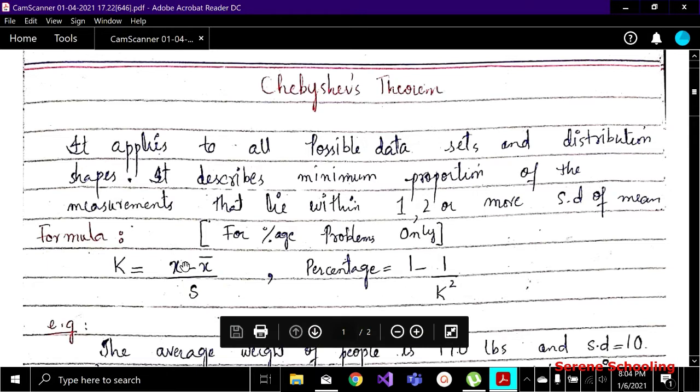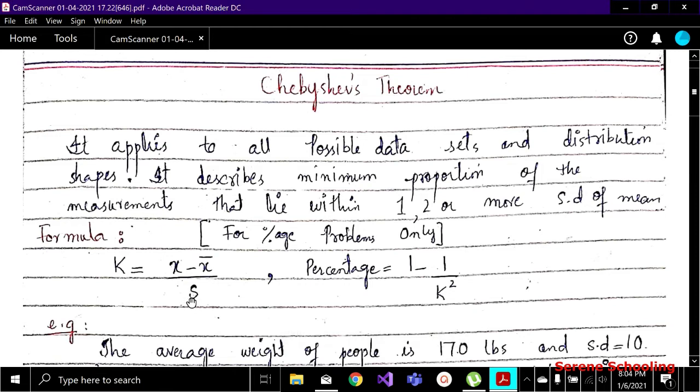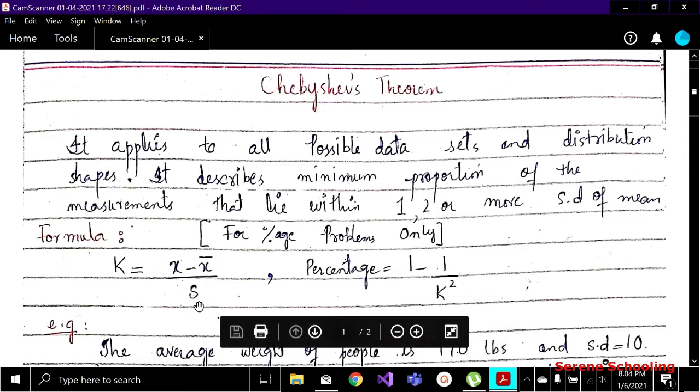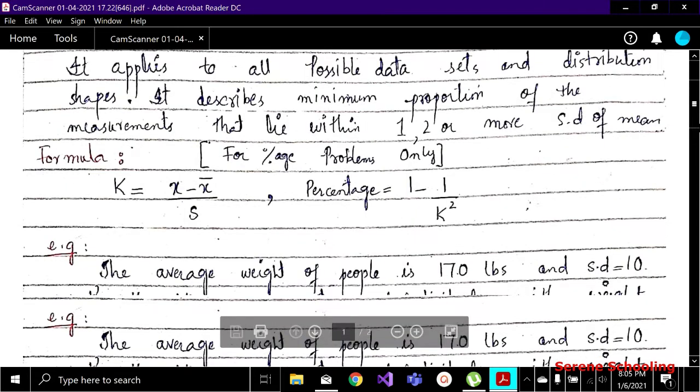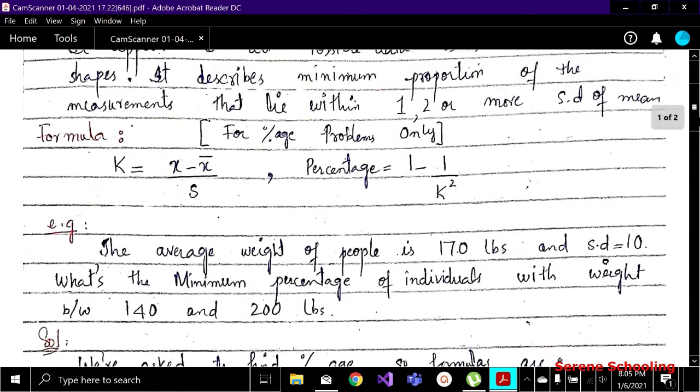Here you can see this formula, and if you remember, the formula for k is similar to the z-score formula, right? Here x is our data value, x bar is the mean, s is the standard deviation, right? So now we will see how to apply this formula.